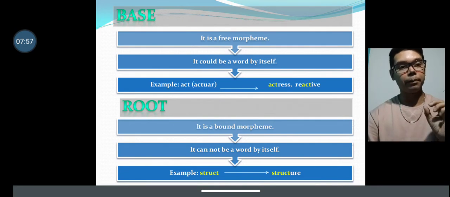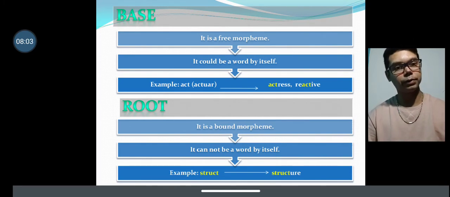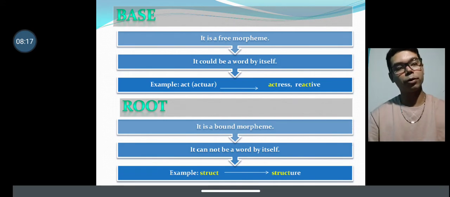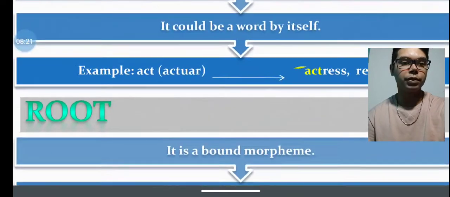Okay, so a base, it is a free morpheme. It could be a word by itself. It could be a word that, for example, act, que significa actuar. Le unimos un sufijo, actress, o reactive. En este contexto, este morfema que es base, por sí solo ya posee un significado.